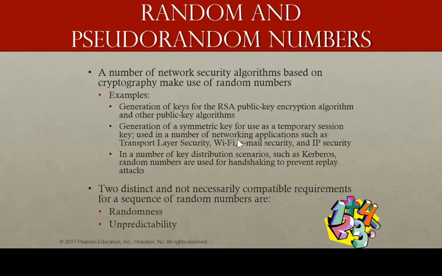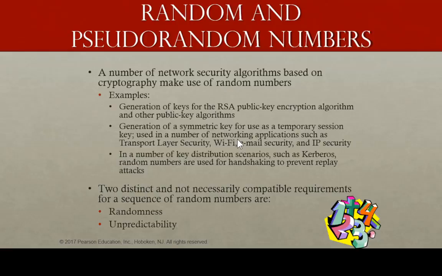For example, generation of keys for the RSA public key encryption algorithm, which is described in Chapter 3, and in other public key algorithms. Generation of a stream key for a symmetric stream cipher, discussed in the following section. Generation of a symmetric key for use as a temporary session key.